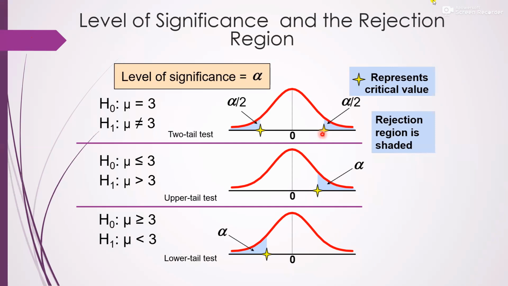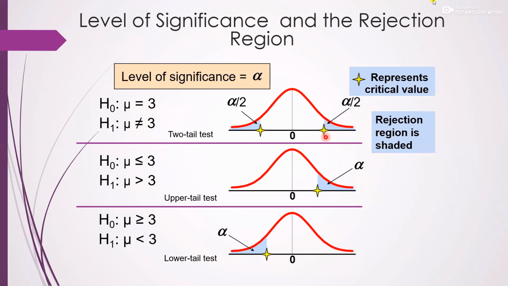That point is the border point, the extreme point for rejecting. Beyond this point, your H naught will be rejected, right? That means it is not possible to get the sample from that population. So H naught will be rejected.